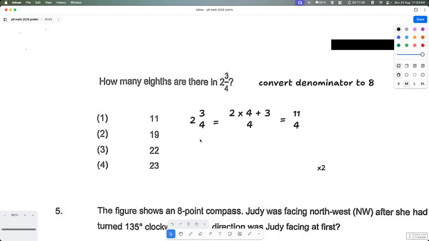Then we multiply both the numerator and denominator by 2, so this becomes 22 out of 8. So the answer is 22 out of 8, which is option number 3. Okay, let's move on to the next question.